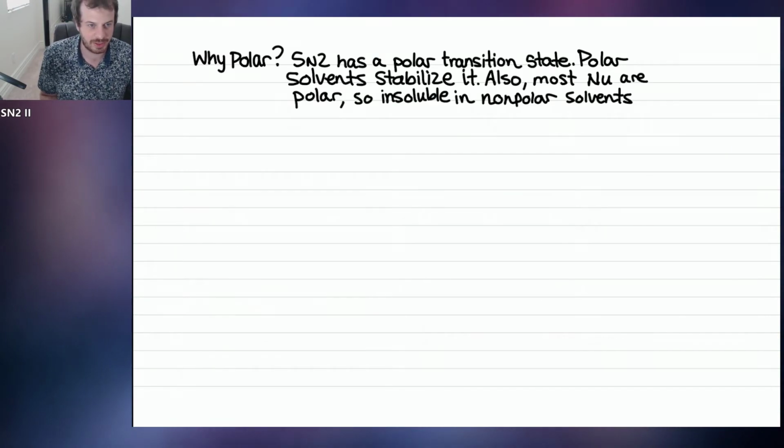Why are nucleophiles typically polar? Because they usually have a negative charge or a lot of lone pairs or polar bonds inside. If you go back and look at a lot of the nucleophiles we've looked at for Sn2, they're almost all polar. Okay, why is it so important for it to be aprotic? Why don't you want hydrogen bonding?